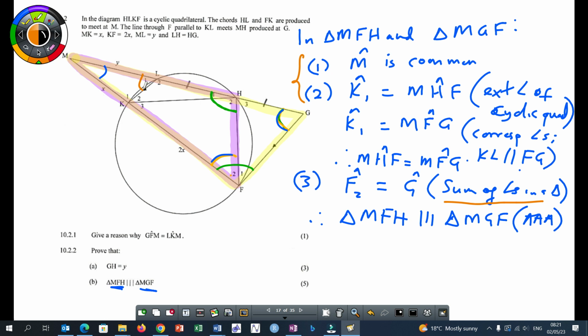So that's fine. Once you prove that two pairs of corresponding angles are equal, the third pair follows from sum of angles in a triangle. So we are done with that. So you get your 5 marks there. The mark allocation for this question, because it has got quite a number of reasons: you can get 1 mark for a statement and reason, another mark for a statement and reason, then obviously a mark for stating the condition of similarity.